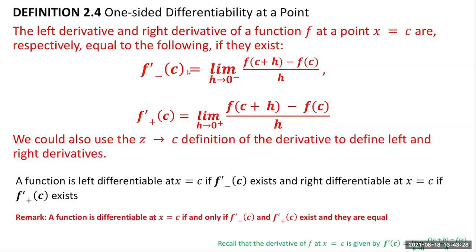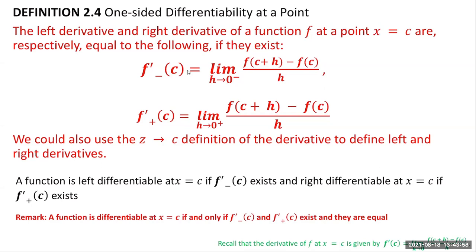That's how you modify the original definition. By the way, we can use a similar definition with z going to c as well, but I'm not going to go into that. In that case, to define the left derivative, you put z goes to c minus here, and to define the right derivative, you put c plus here. That's the only difference.